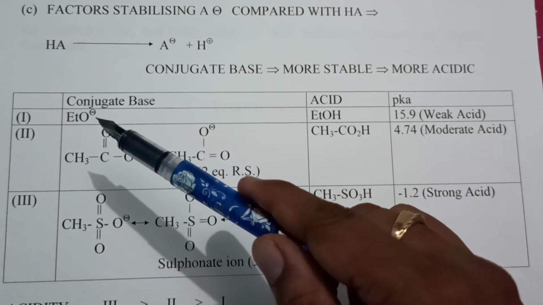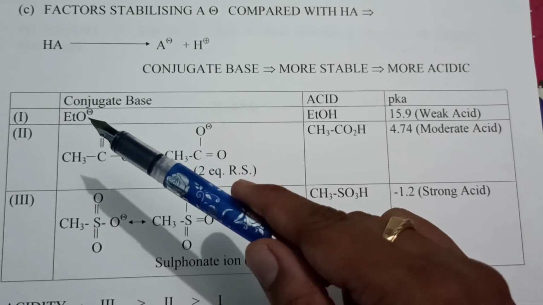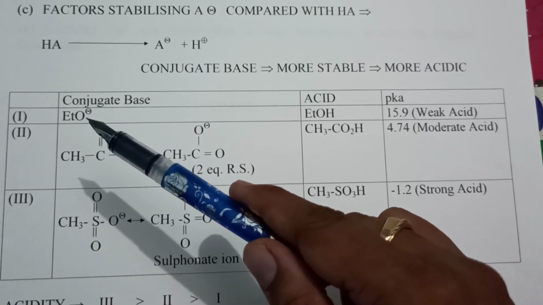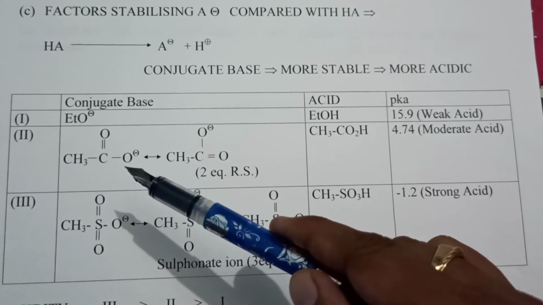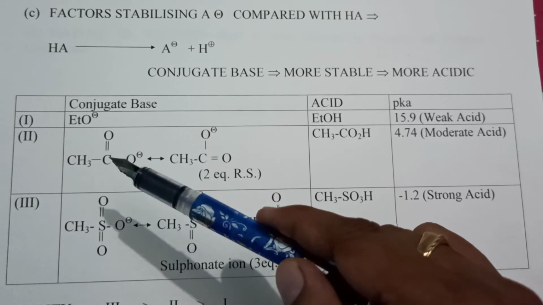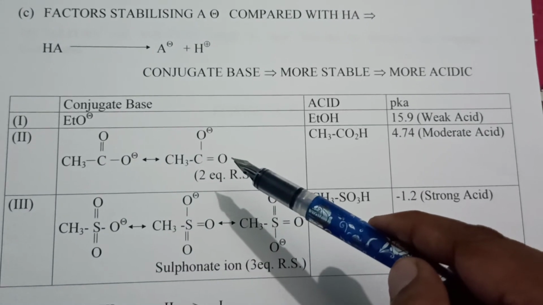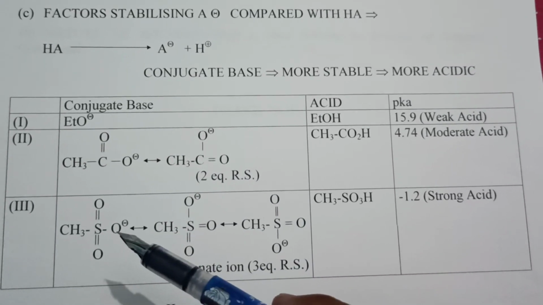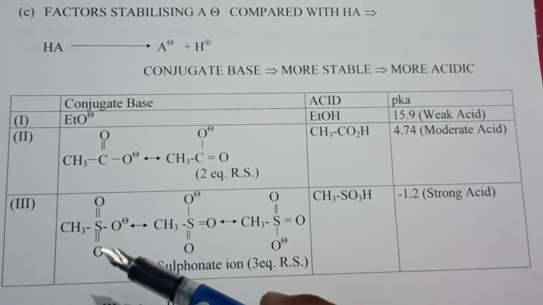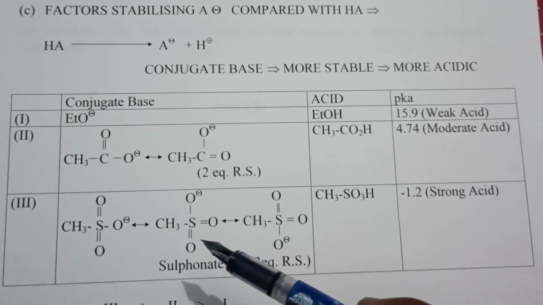In the ethoxide ion, resonance is absent. The negative charge or lone pair on the oxygen is localized. Whereas in the acetate ion, the negative charge is delocalized. Two equivalent resonating structures are possible for the acetate ion, whereas in the methane sulfonate ion, three equivalent resonating structures are possible.